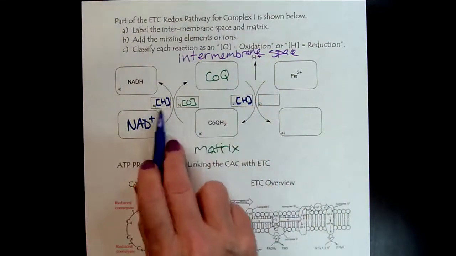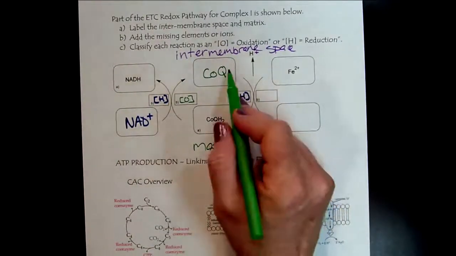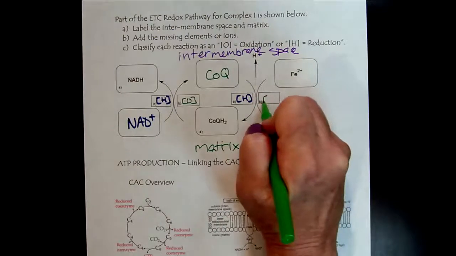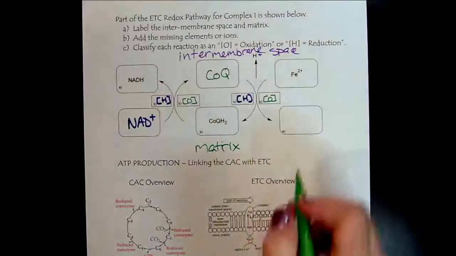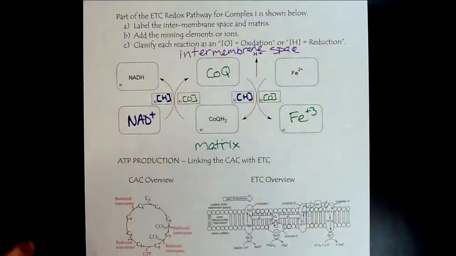And right, reduction and oxidation always have to occur together. So if the CoQ is being reduced, then the iron would have to be oxidized to our +3. Okay, so there's an example of the handoff of electrons in the electron transport chain.